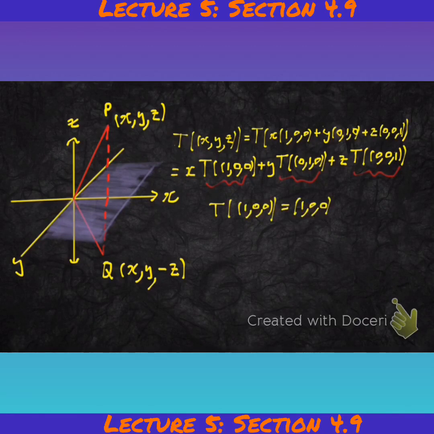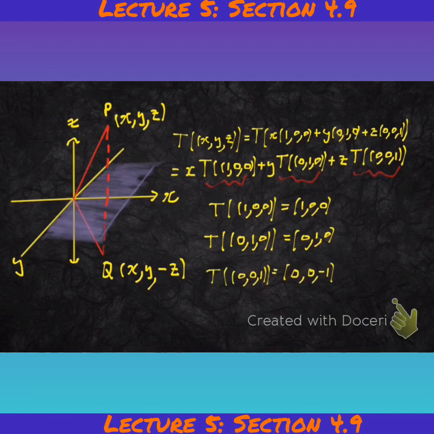T maps the vector 1, 0, 0 to 1, 0, 0. It maps the vector 0, 1, 0 to the vector 0, 1, 0. And it maps the vector 0, 0, 1 to the vector 0, 0, minus 1. So now we need to construct the standard matrix from that information.